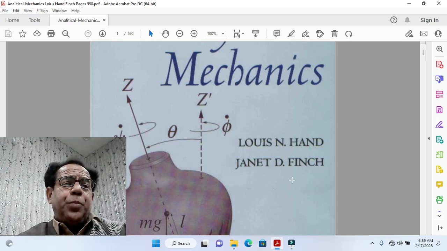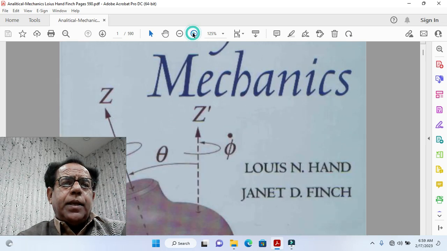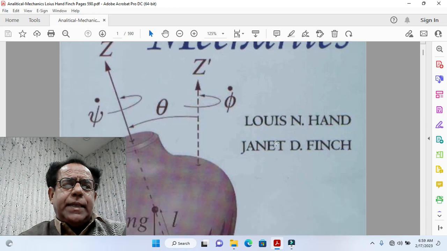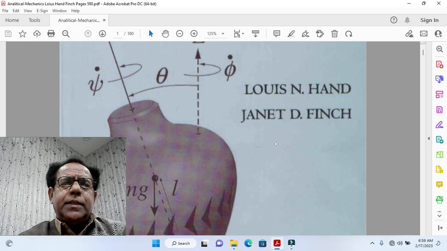Here again there are 2 authors. I may have pronounced their names in a slightly improper manner, but it is not very much important. The more important thing is understanding the contents of this book.